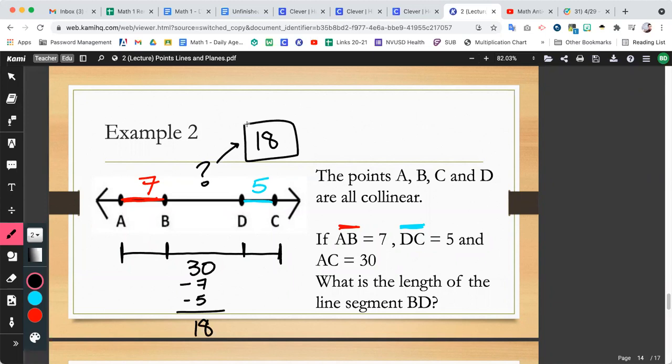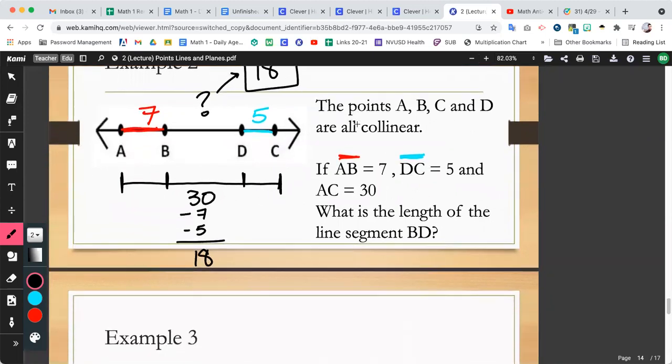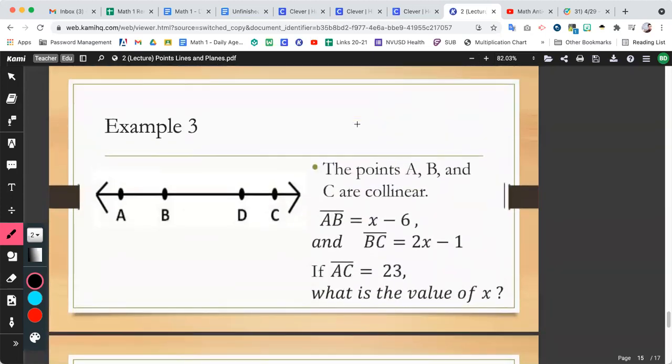So example 3, this is going to be our first example where we're throwing in some algebra. The points A, B, and C are collinear. D should be on there too, sorry. Let's look at what we're given. AB is x minus 6. So A to B, I'll do this in red, is x minus 6.